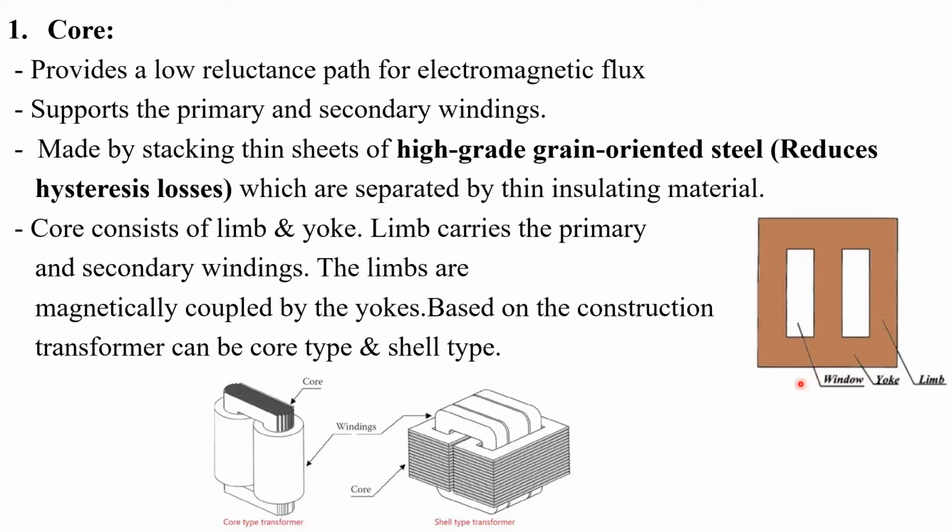Based on the construction of the core, transformers can be core type or shell type. Already we have discussed core type and shell type transformers in detail. If you want more details, you can check my previous videos.